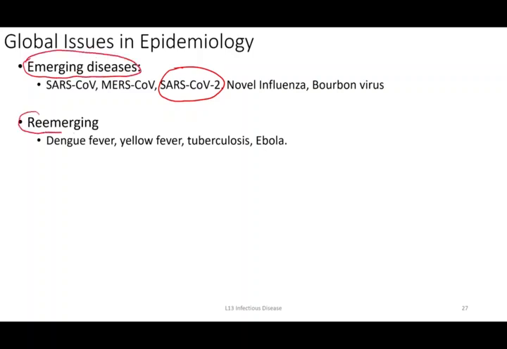But then we also have diseases that we've known about for an extended period of time, but they're coming back more aggressively. And so we've seen Ebola outbreaks more recently, but we've known about Ebola for approaching 100 years, not quite that long. And the same with yellow fever and dengue fever and tuberculosis. So all of those are diseases that have been characterized for some time, but we're seeing a resurgence of that. And so these are global issues, because as we have seen, what happens in one part of the world doesn't just stay there.